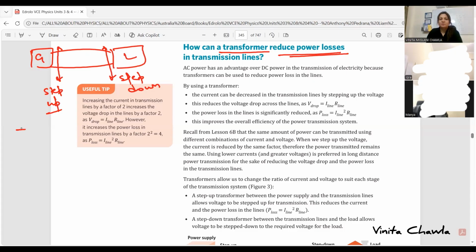A step up transformer increases the voltage and a step down transformer decreases the voltage. So first we increase the voltage and then we decrease the voltage. Clear?